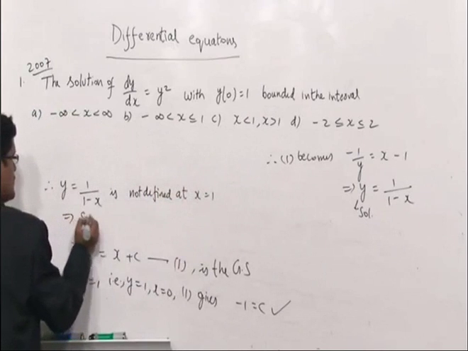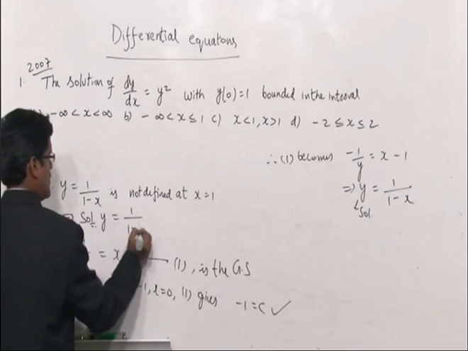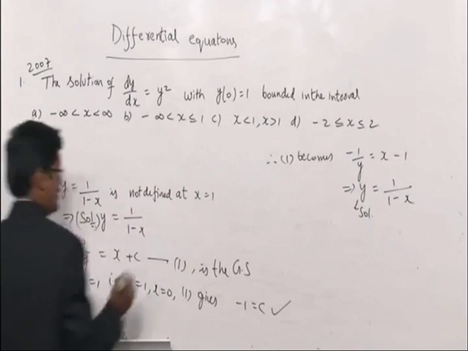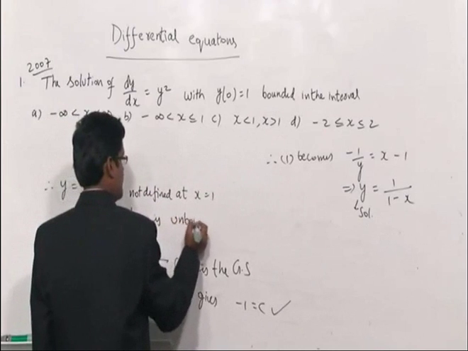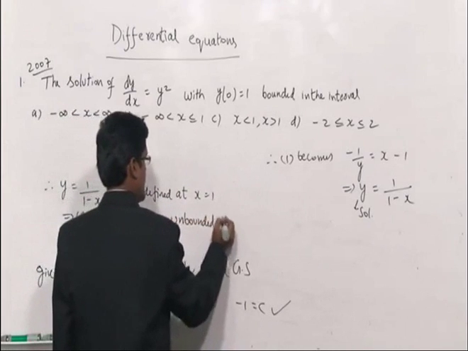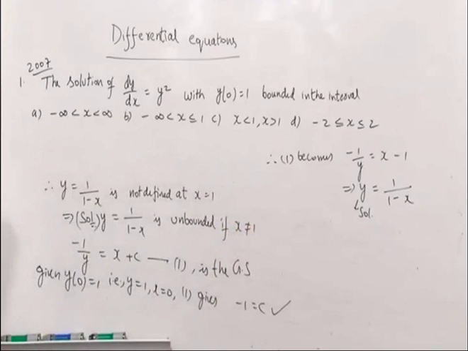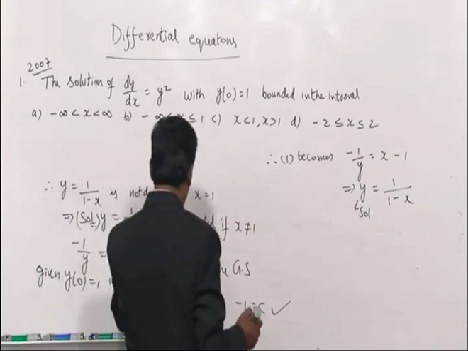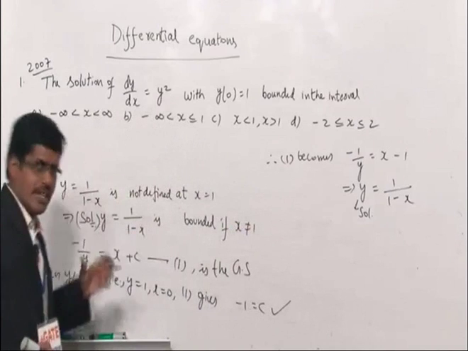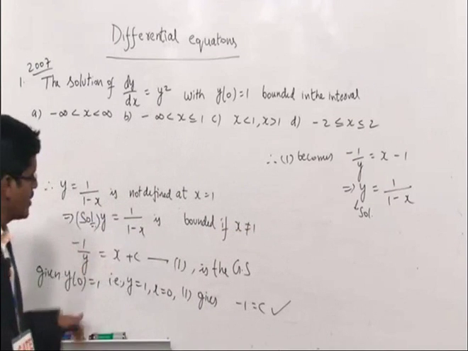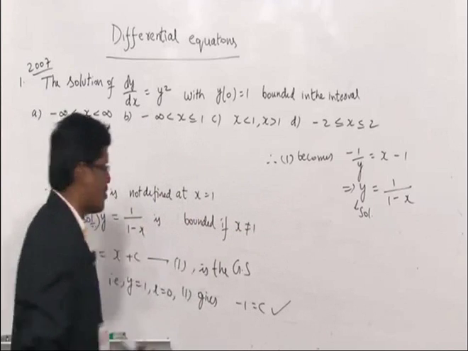This implies the solution y is equal to 1 by 1 minus x is unbounded at x equal to 1. Except 1, it is defined everywhere and gives a finite value. Bounded means finite. If x is equal to 1, it is not defined, that is unbounded. So it is bounded if x is not equal to 1.